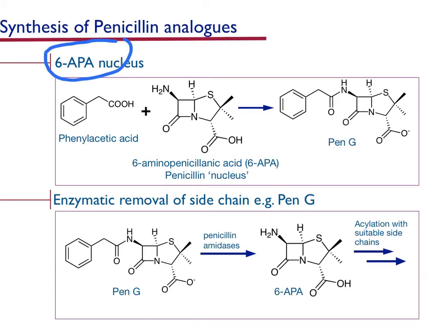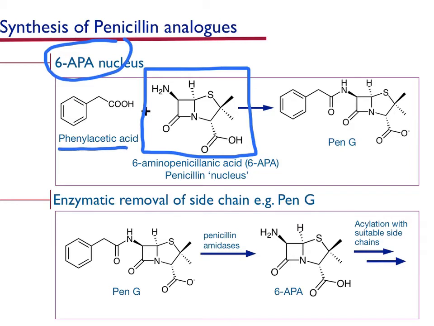They produce it by fermentation, and what they get is this 6-APA nucleus, the main nucleus of penicillin. They react it with phenylacetic acid to form penicillin G. That's how they synthesized it firstly, through the semi-synthetic way.